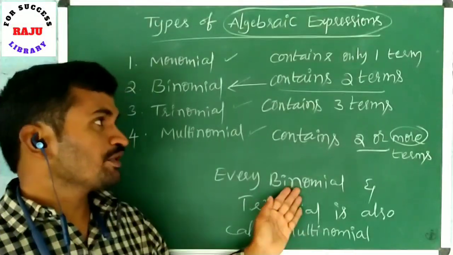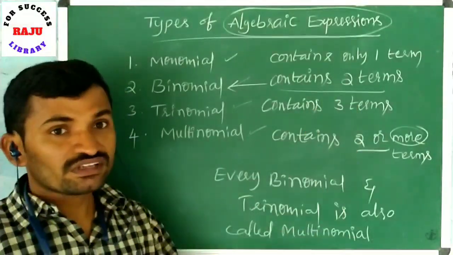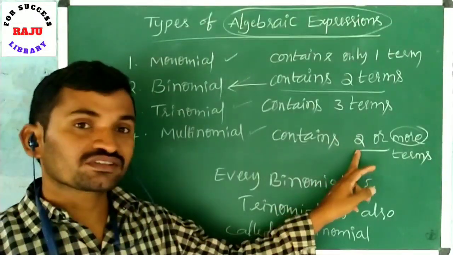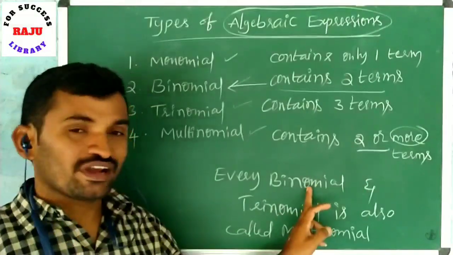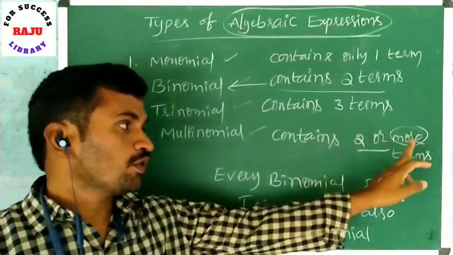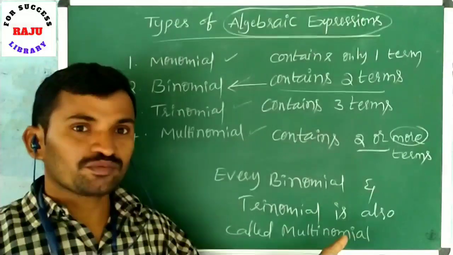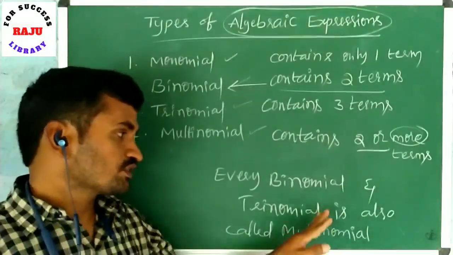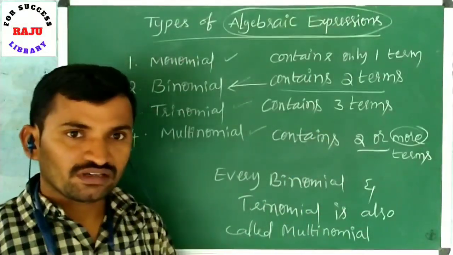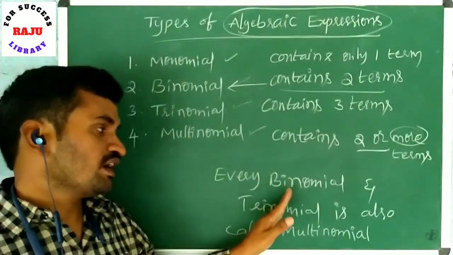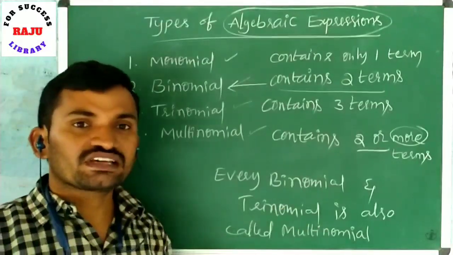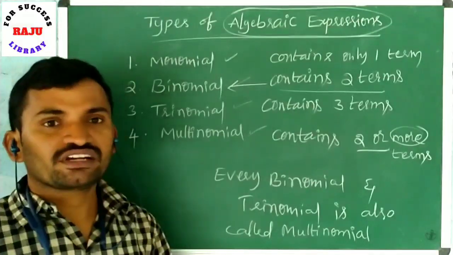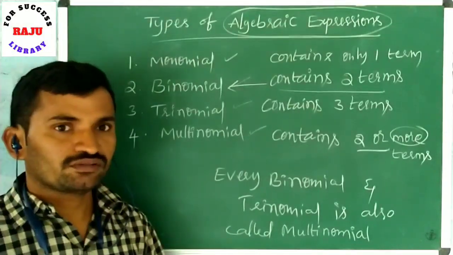Because in a binomial, two terms are there. What is our definition? If an algebraic expression contains two terms, it becomes a binomial. More means what? 3 terms, 4 terms, 5 terms, 6 terms, 7 terms, like that. So 3 terms means trinomial. It means every binomial and trinomial is also called a multinomial. We can call every binomial a multinomial, and every trinomial also a multinomial.